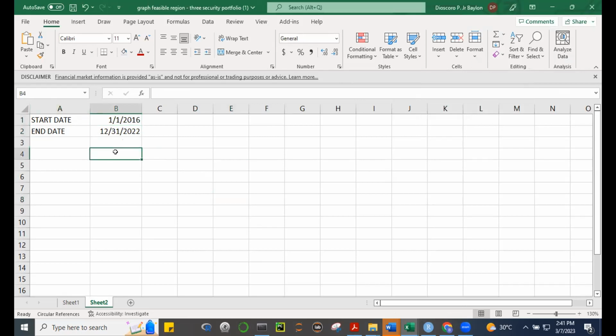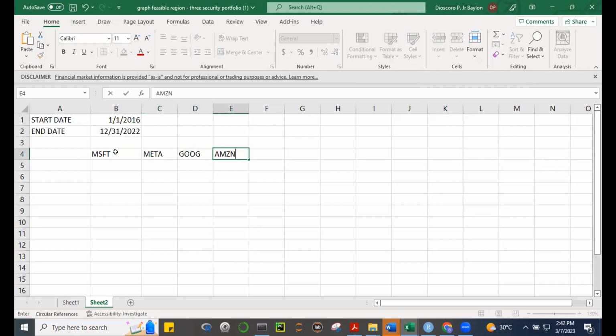Okay, let's identify some stocks that we're going to download. Could you kindly help me? Let's have Microsoft, and then Meta, Facebook, Google. These are tech stocks.